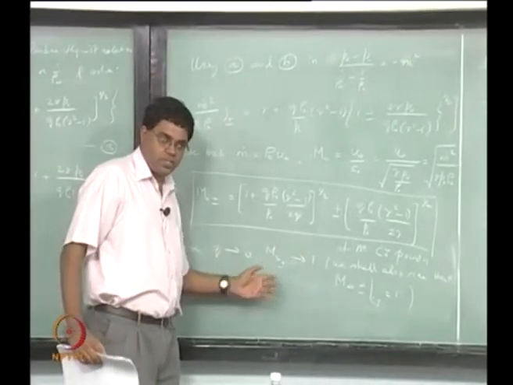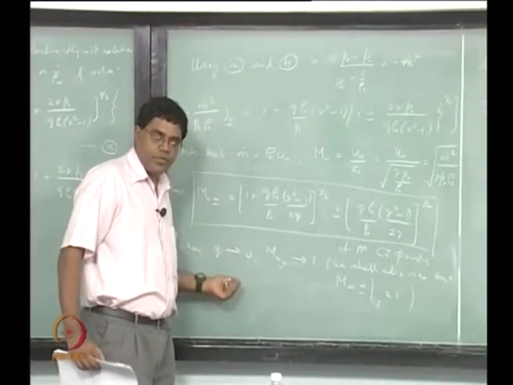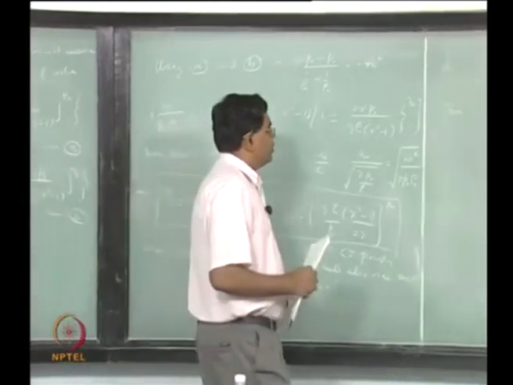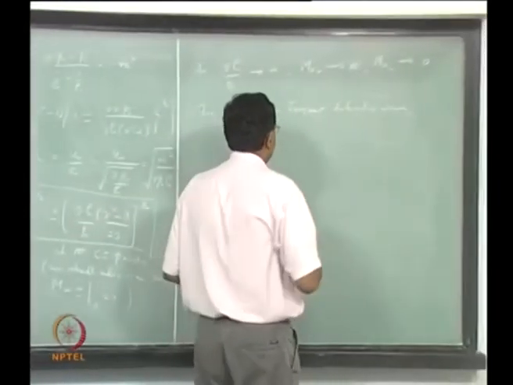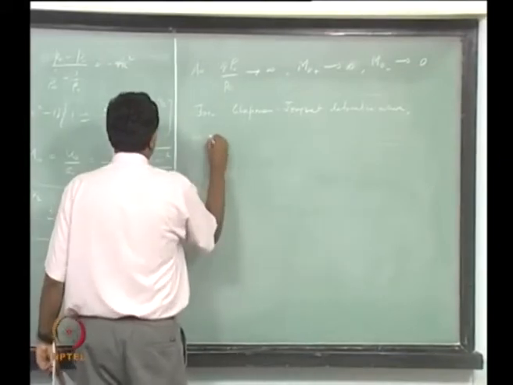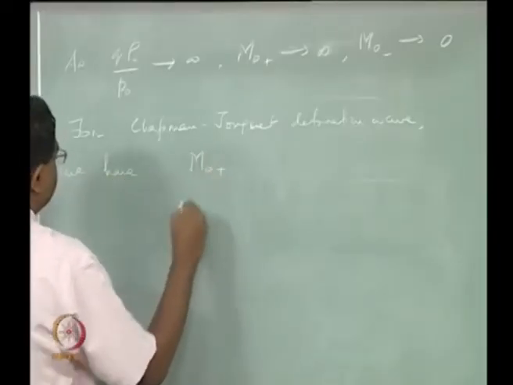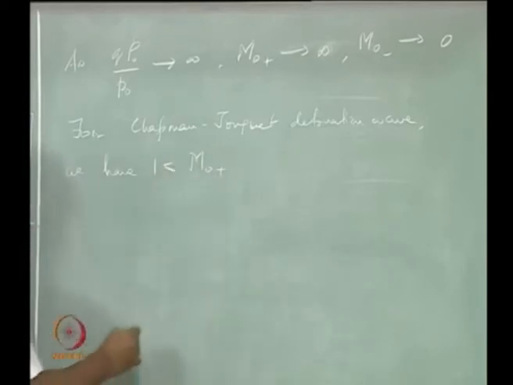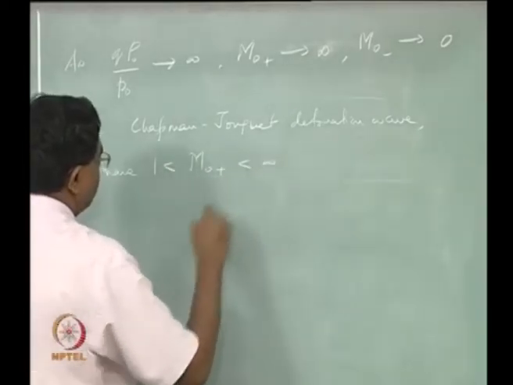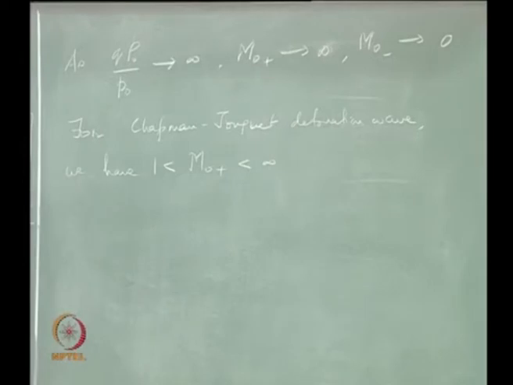That's the lower limit as far as the heat is concerned, right? So for the Chapman-Jouguet detonation wave we have M naught plus going from 1 to infinity, right?